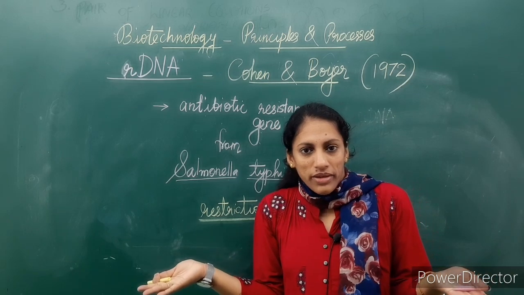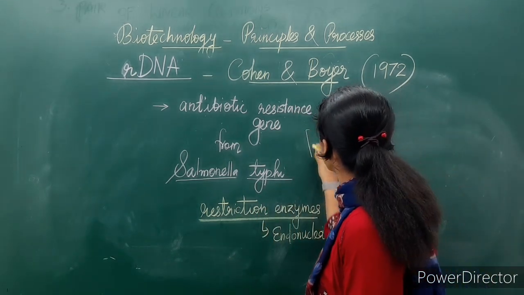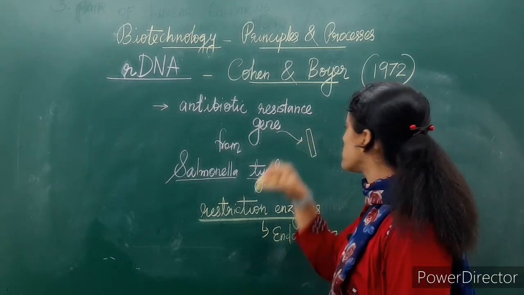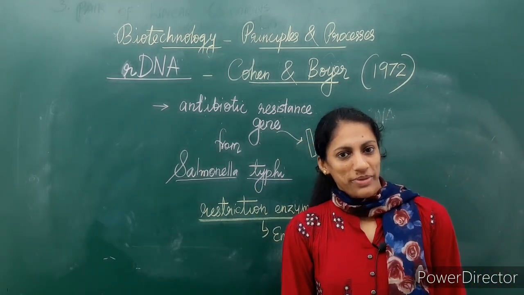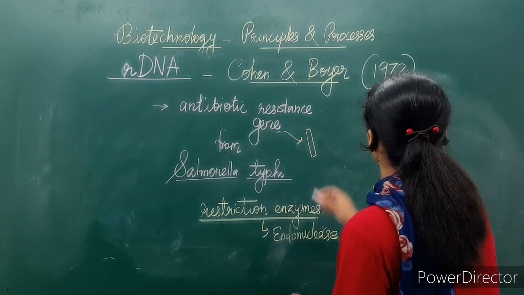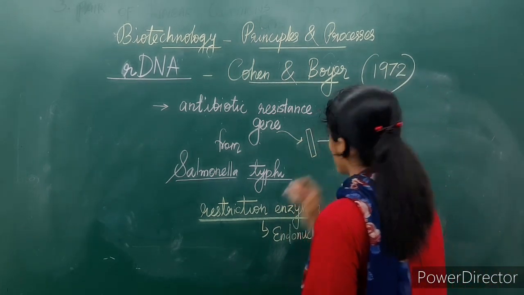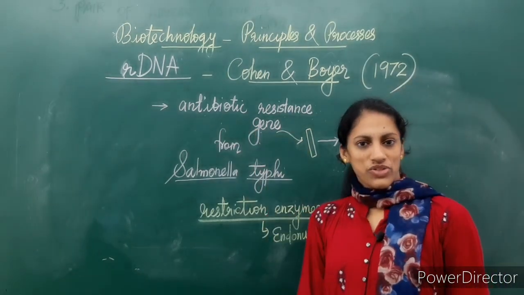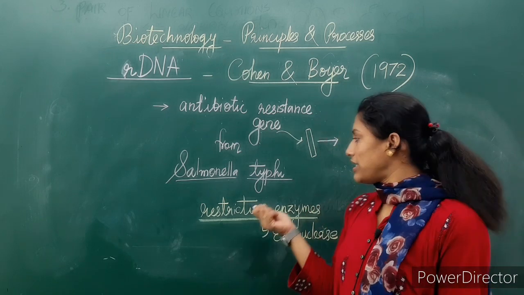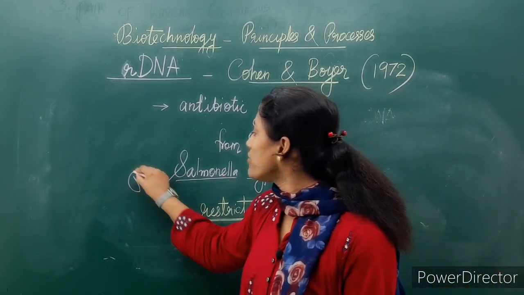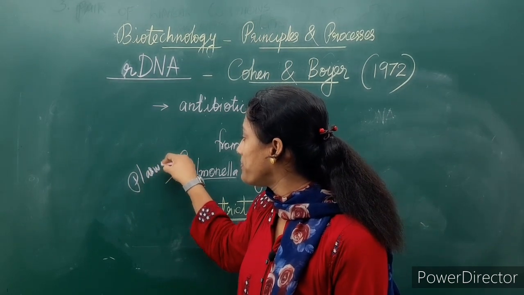Now what do they have in their hand? They have a small piece of DNA. What is that? It is the antibiotic resistance gene. In the second step, they introduced this gene. From where was it taken? It was taken from the Salmonella typhi plasmid, not from the normal genome.